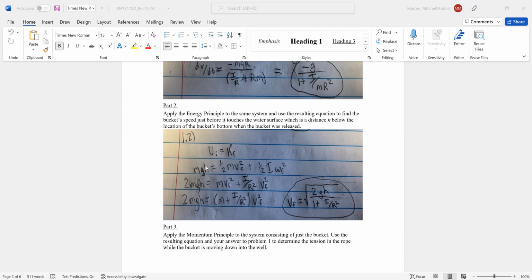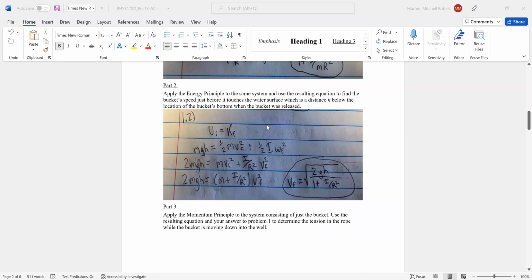You set mgh equal to the kinetic energy of the bucket plus the kinetic energy of the rotating windlass. Then combine like terms, factor everything out, solve for v, and you find that it is equal to the square root of 2gh over 1 plus I over mr squared. Did you guys get that?